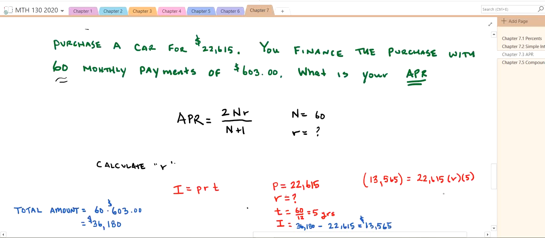So if we solve this for R, that's going to be 13,565 divided by 22,615 multiplied by 5 in the denominator. Let's calculate that with the calculator.